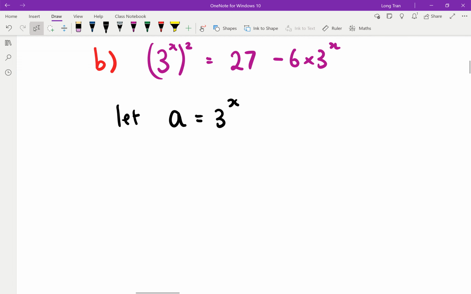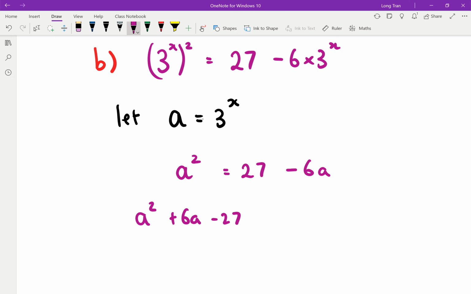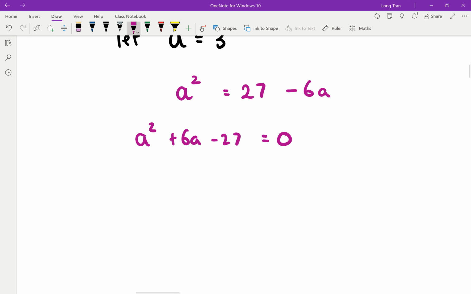Why do I do that? Because it changes the problem to a squared equals 27 minus 6 times a. Then if you rearrange it, adding 6a on both sides and subtracting 27 on both sides, you get a squared plus 6a minus 27, equal to 0.